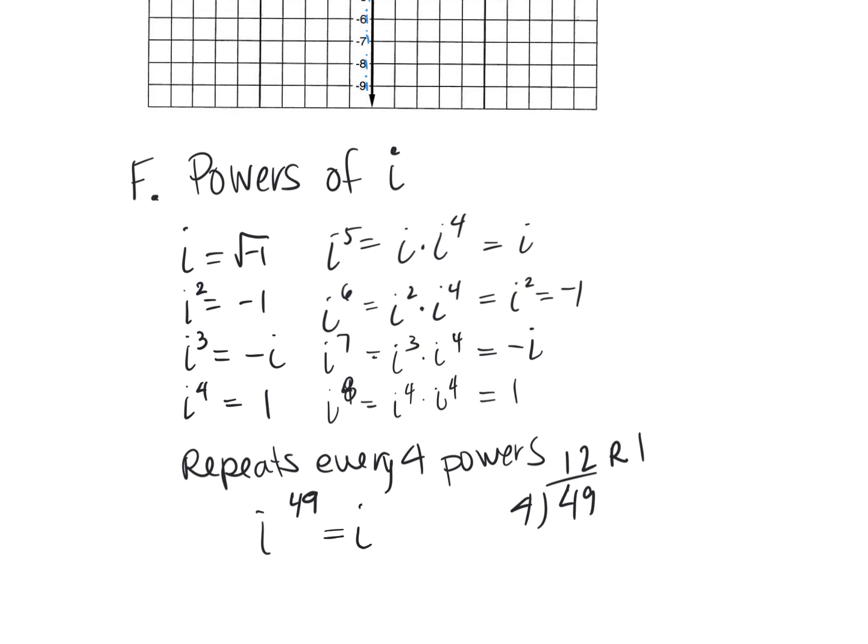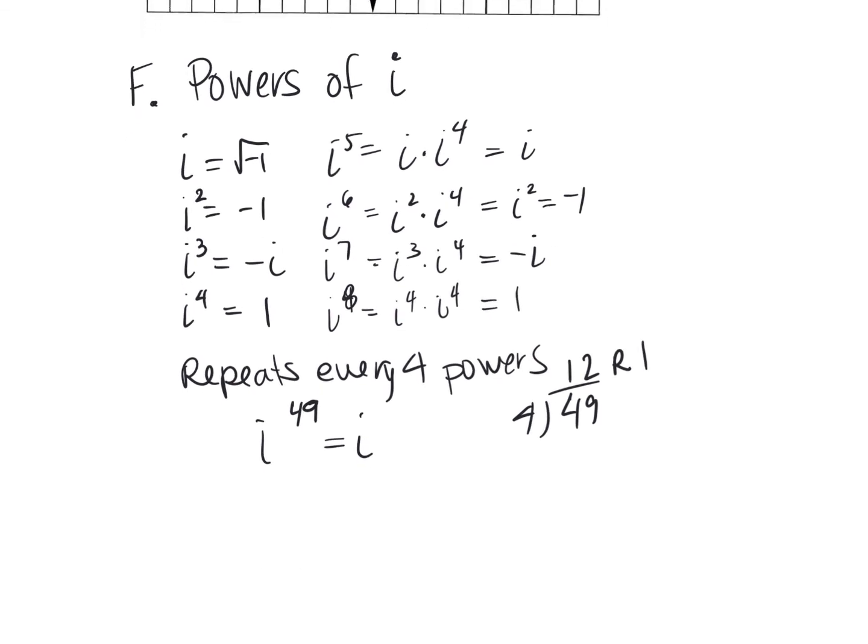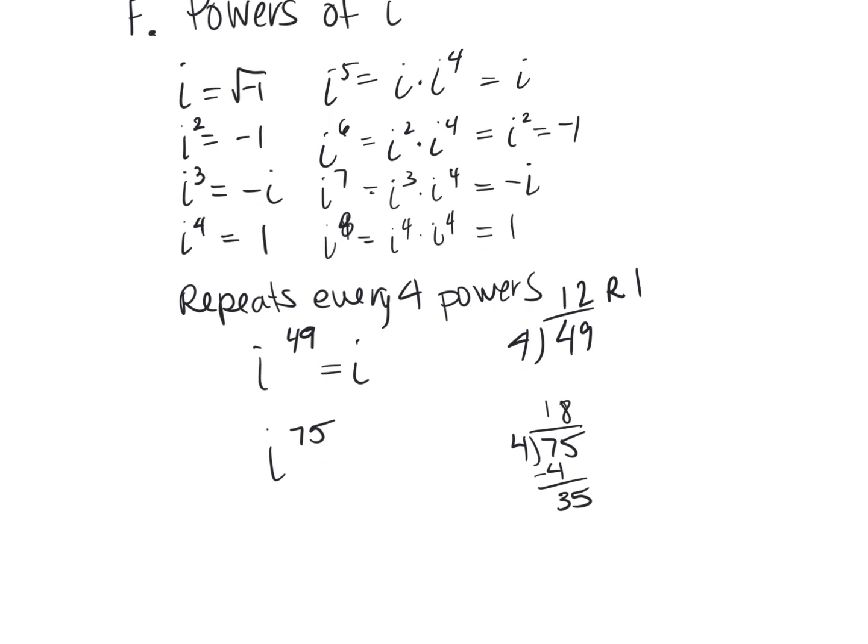Let's do another example of the powers of i. i to the 75th power. All we have to do is divide by 4. So 4 goes into 75, 18 times, and I get a remainder of 3.